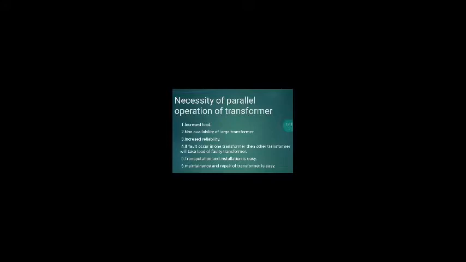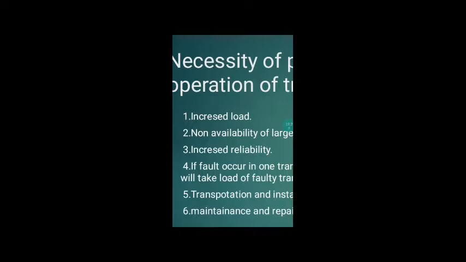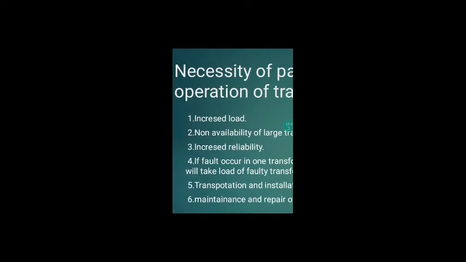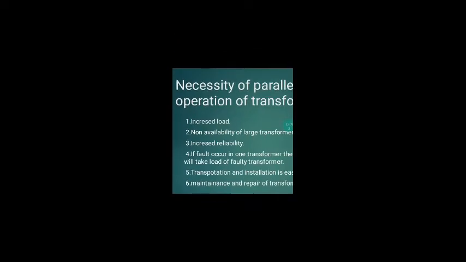See, you know, day by day the demand for electricity is increasing, industries are increasing, institutions are increasing. So point number 1 is the increase in load. As the load is increasing, one transformer or a small capacity transformer is not sufficient to meet the huge load. That's why we have to connect two or more transformers in parallel to meet such an increased load.